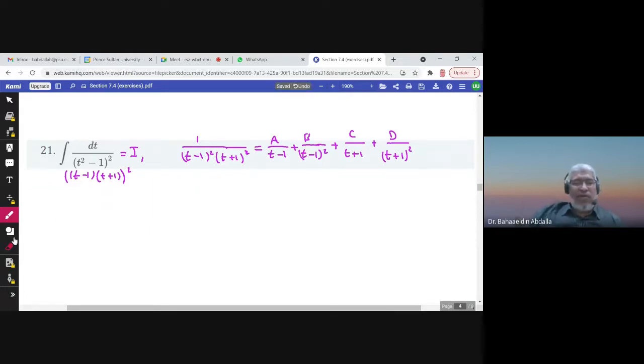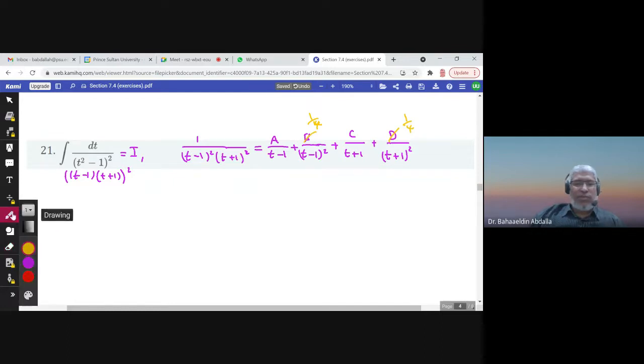And now I can find b by cancelling t minus 1 square and replacing t by 1. 1 plus 1, 2, to the power 2 is 4, so b is 1 over 4. I also can find d by cancelling t plus 1 square and replacing t by negative 1 here. Negative 1, negative 1, negative 2 squared is 4, so d is also 1 over 4.